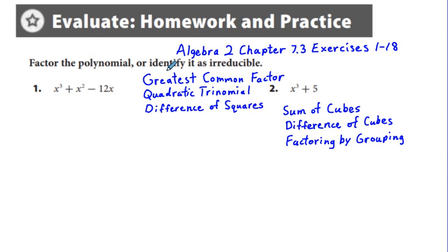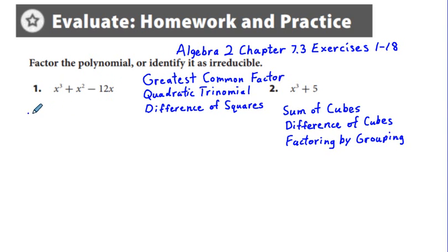Factor the polynomial or identify it as irreducible. We have problem 1 here, x cubed plus x squared minus 12x. The first thing we do in looking at a polynomial to factor is search it for a greatest common factor. In this case, we have an x common to each of these three terms.